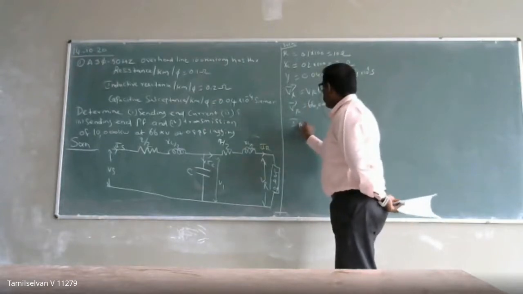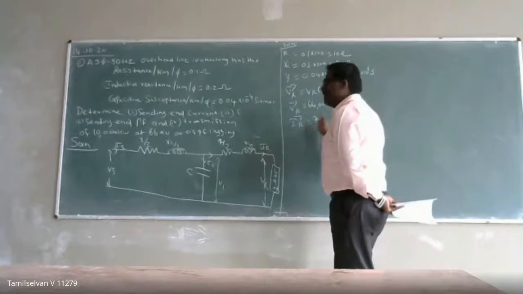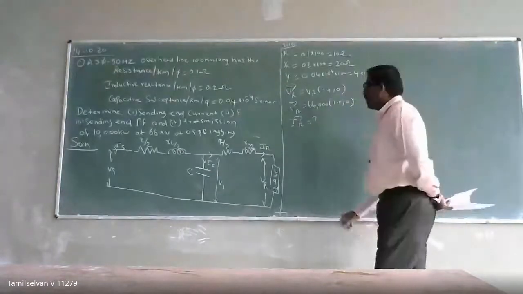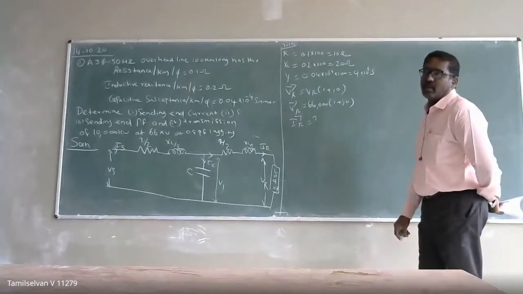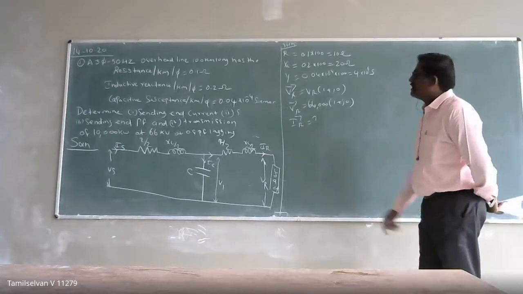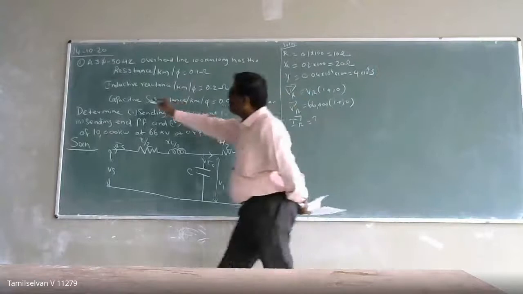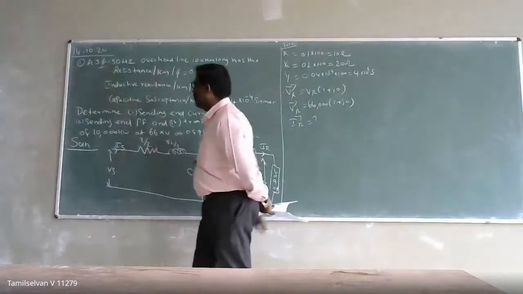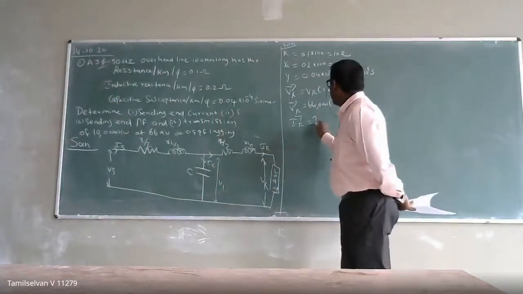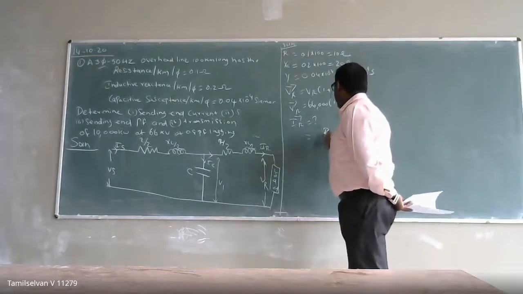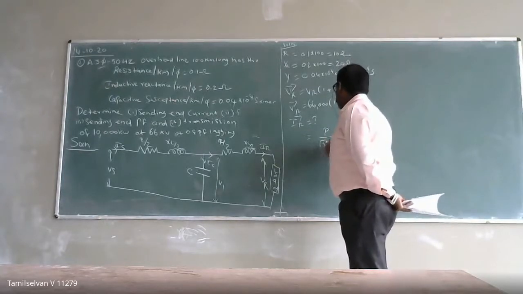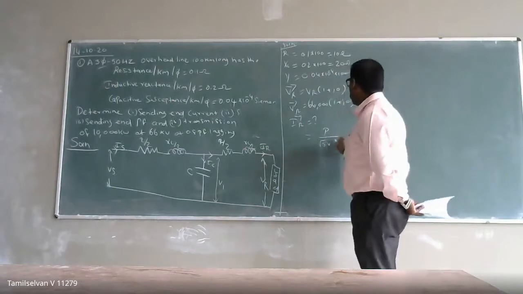Now I have to find my IR current. Remember, power P equals V into I cos phi. But here the transmission is three-phase power. So my current IR will be equal to P divided by root 3 into V into cos phi.